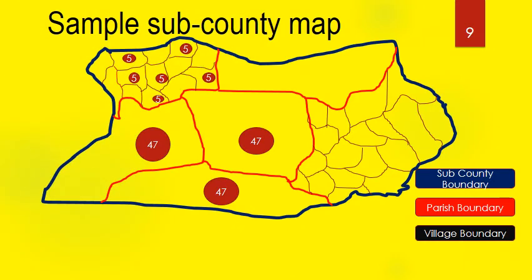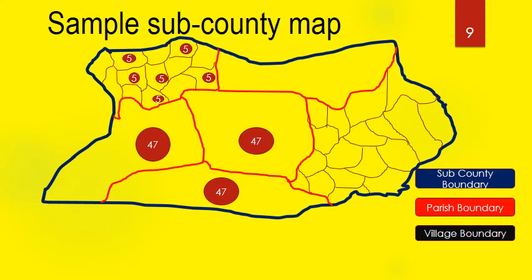The slide shows you a sample map of a sub-county. I'm trying to illustrate more about the sampling procedure. If we got a total number of households of 1,000 in a sub-county, we need a sample size of 286.